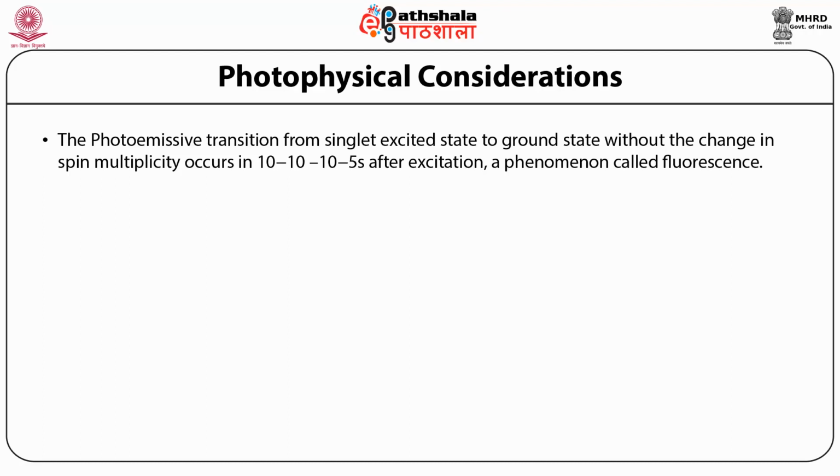You can see this is such a short period that as soon as it absorbs light, it radiates back that light within 10 to the power minus 10 to 10 to the power minus 5 seconds. And such a phenomenon is known as fluorescence. Therefore, chemiluminescence is also a kind of fluorescence.